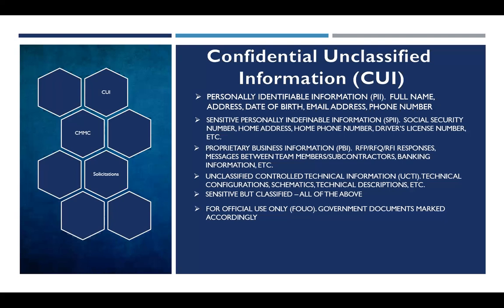So whether you have CUI, regardless of the definition of CUI, what's going to matter is on the solicitation, the CMMC level that you need to be compliant with in order to respond to that bid, or your prime contractor is going to say, regardless of CUI or not, in order to remain in our ecosystem as a subcontractor, we want to have a minimum of X CMMC level. So what are those levels?